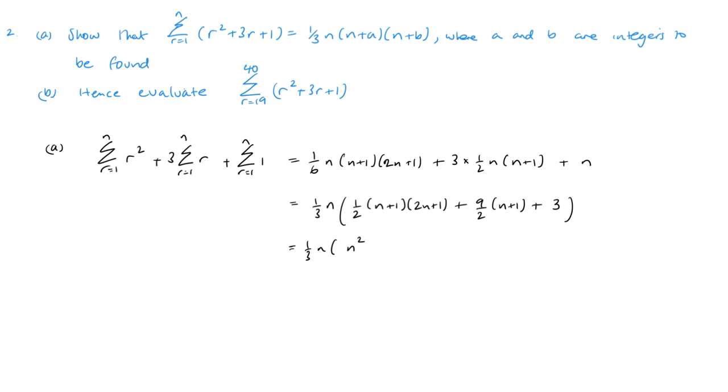Then I've got n plus 2n, which is 3n, times a half, so 3 over 2 n. We've got 1 times 1, times a half, is just a half, plus 9 over 2 n plus 9 over 2 plus 3.